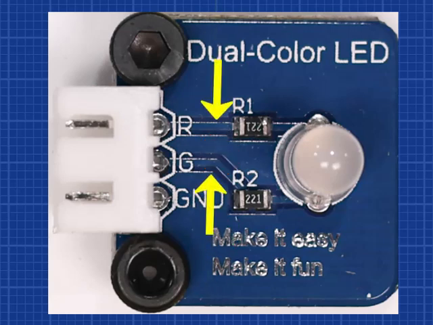The traces on the PCB connect the JST connector to the resistors and LEDs, replacing the wires shown in the schematic. These traces ensure that power flows from the GPIO pin through the resistors and into the LEDs under the cap, illuminating either the red or green LED depending on which pin is activated.